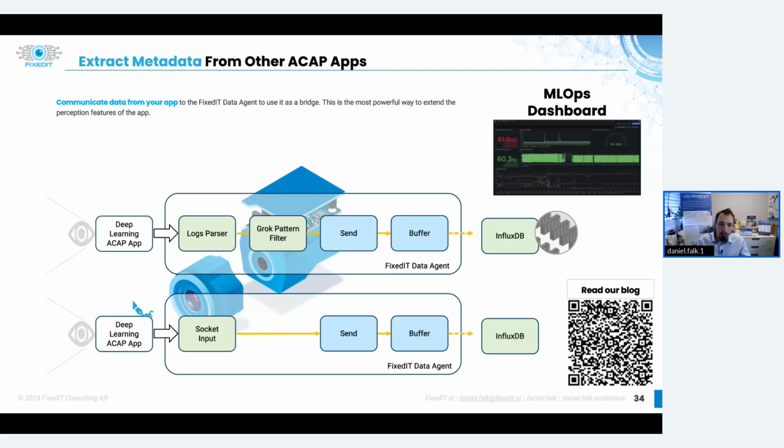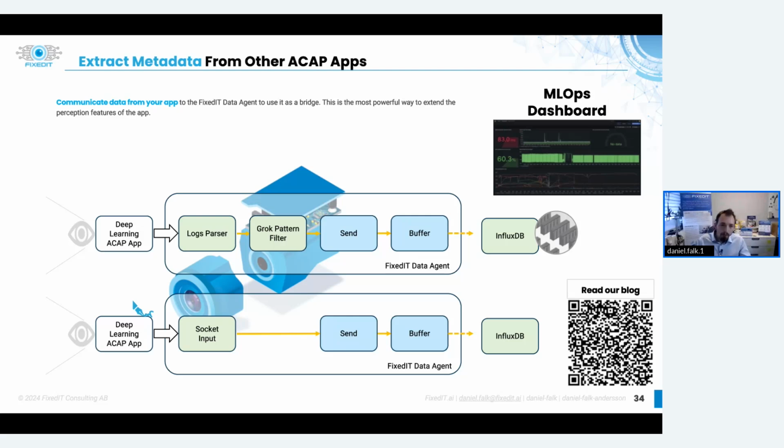So then we end up with structured information in the format that we have defined. And then we push this information and this information only to our database where we can visualize it. So you can see exactly in our blog post by scanning the QR code how we did this.